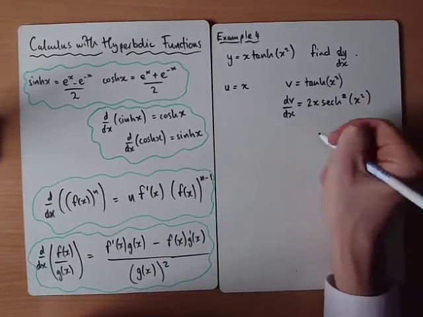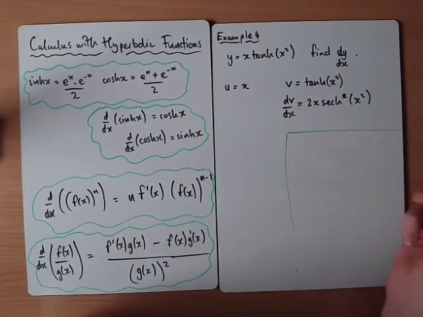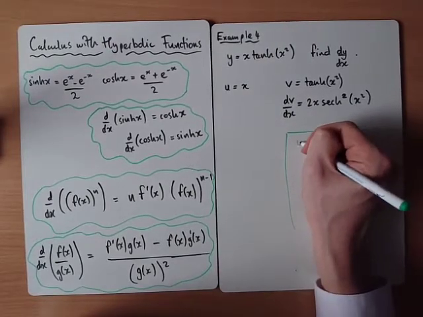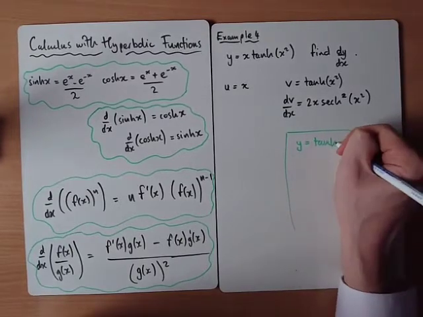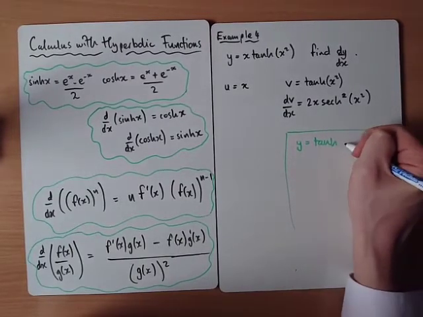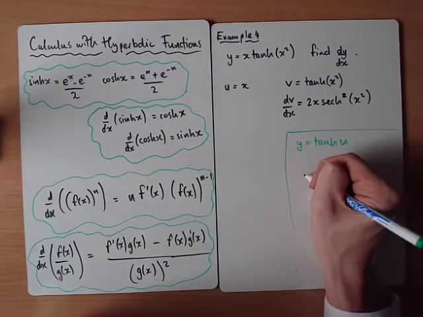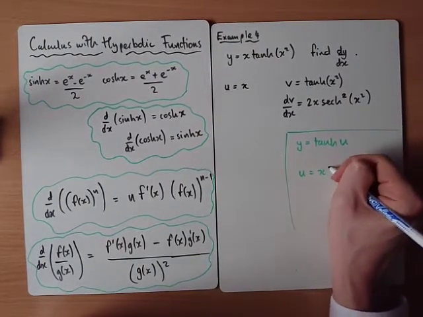You might not be comfortable jumping straight to that. I'll show you where this comes from using a substitution. We could say y equals tan of u and u equals x squared.